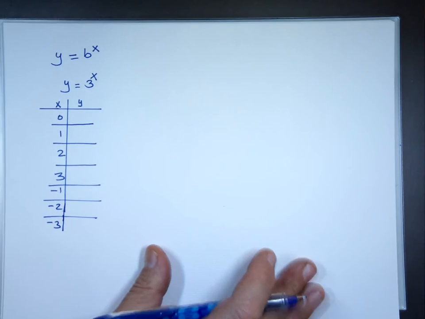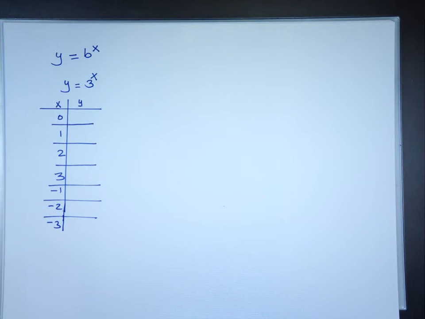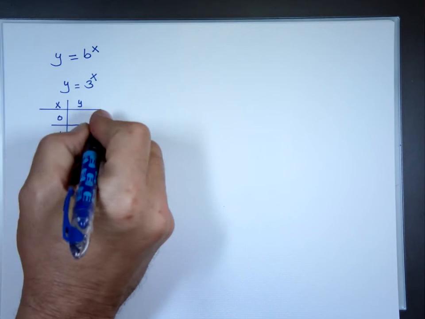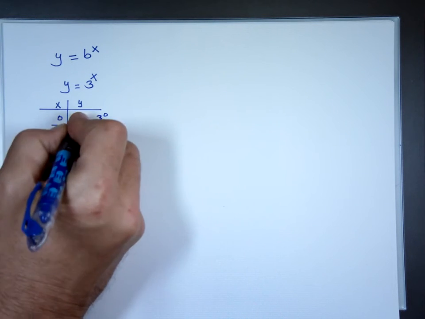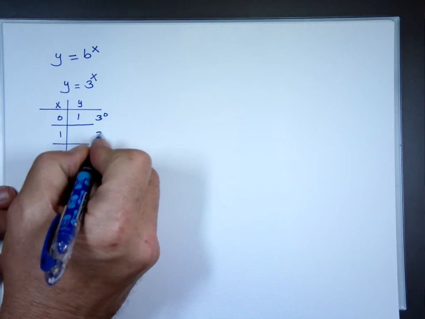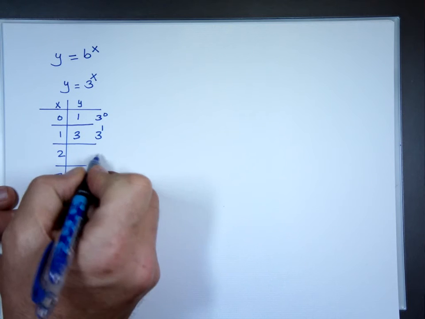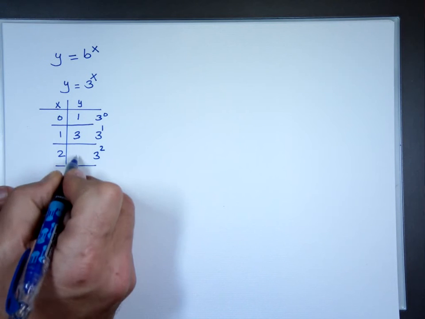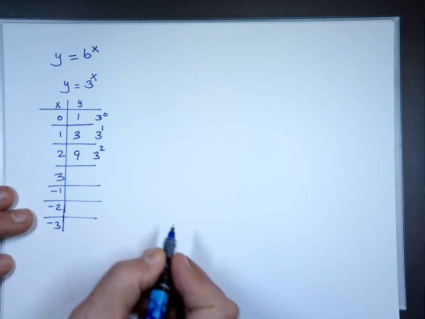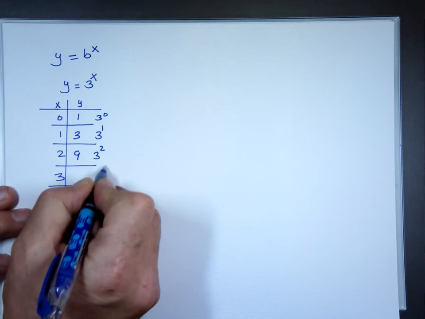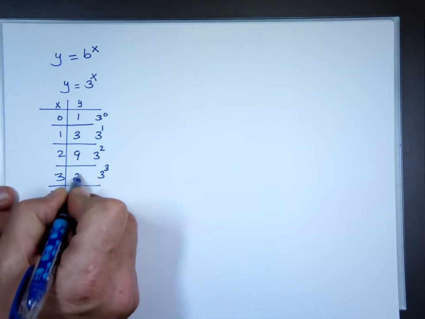When x is 0, what is 3 to the 0 power? 1. 3 to the 0 is 1. When x is 1, what's 3 to the 1? When x is 2, what's 3 squared? When it's 3, 3 cubed, 27.